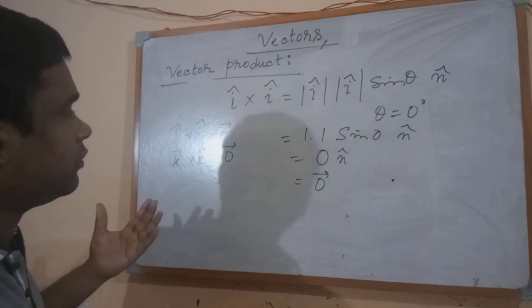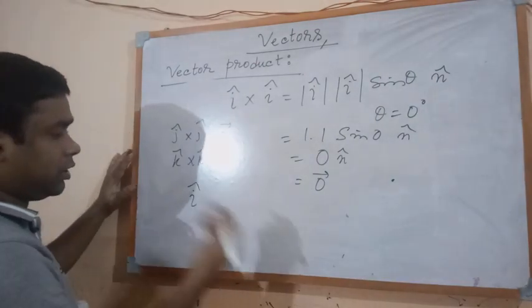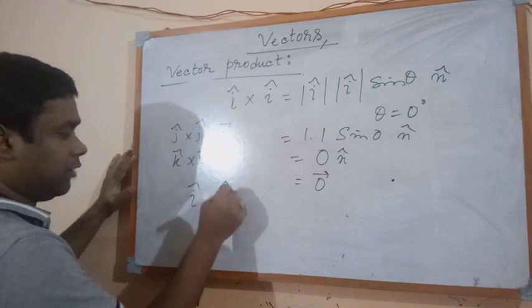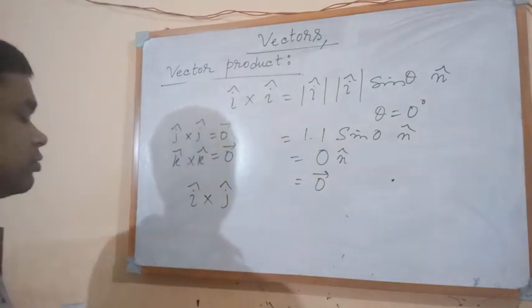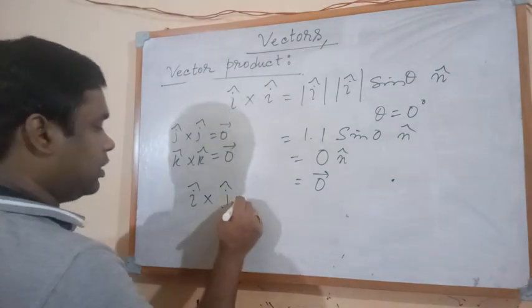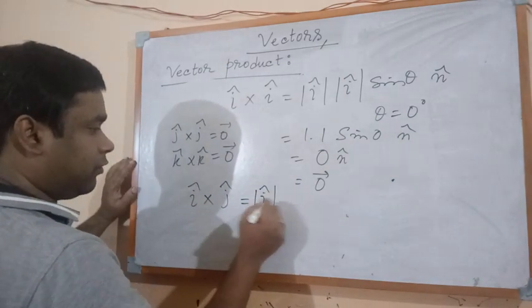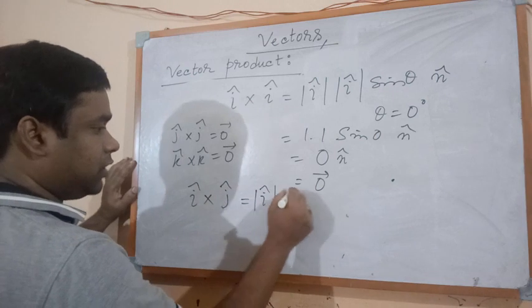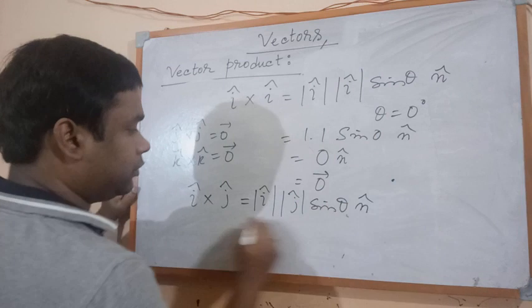And if we take two different rectangular unit vectors, like I cap and j cap, and we take the cross product of these two vectors, what will be the result? According to the formula, mod of I cap into mod of j cap into sine theta into n cap.